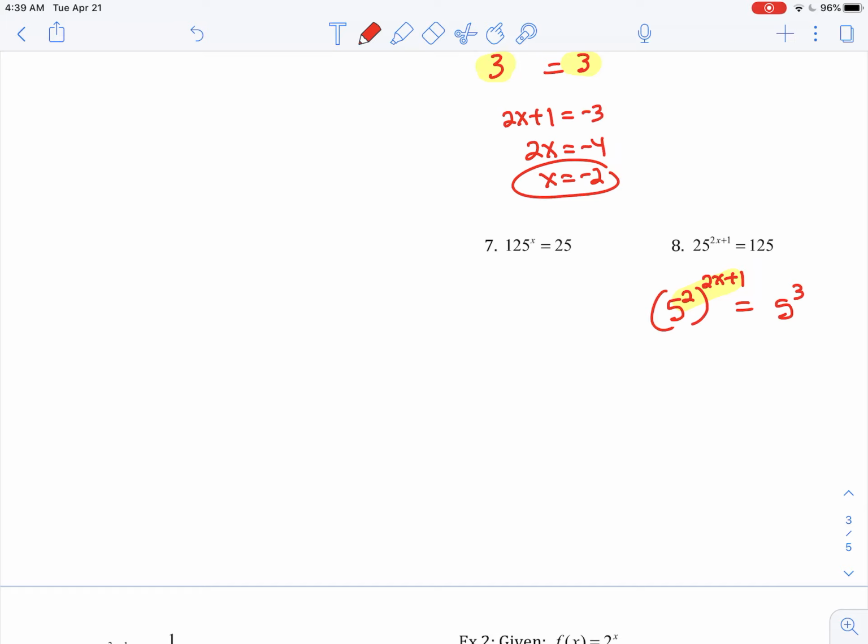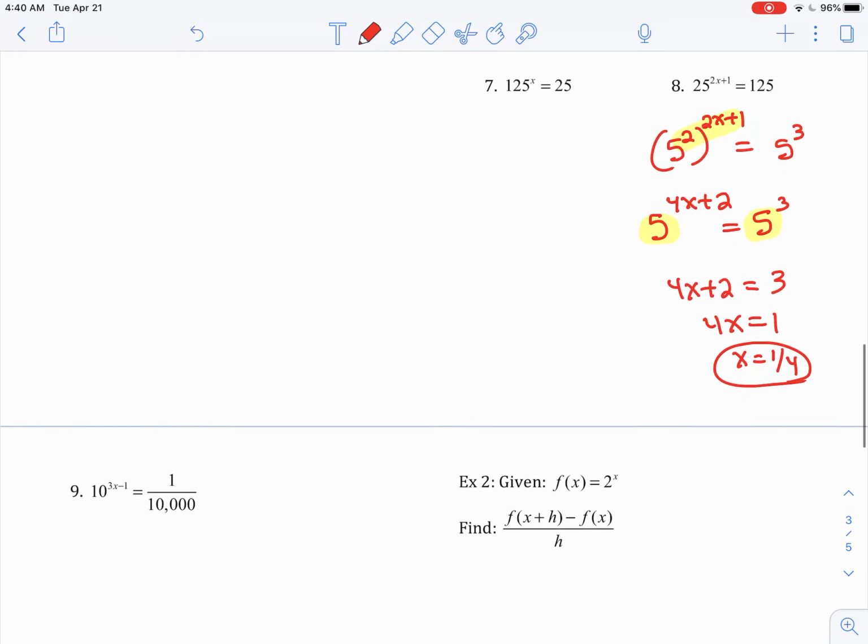Recall, if you have a power raised to a power, then you should be multiplying those two. That gives us 5 to the 4x plus 2, equaling 5 cubed. And again, left side equals the right side. We have like bases, which means those exponents would have to be equivalent as well. And we get 4x equal to 1, or x equal to 1/4.